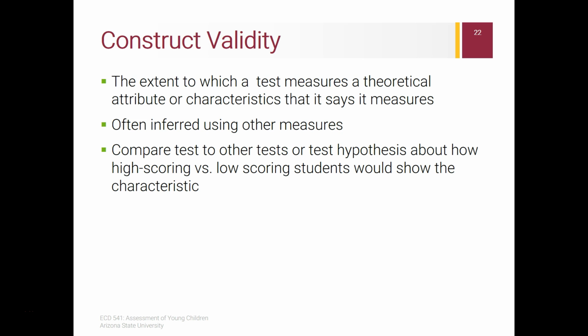Construct validity refers to the extent to which a test measures a construct or trait, typically as predicted by some rationale or theory. Does the test produce a result that is in agreement with an established theory? Examples of constructs include intelligence, self-esteem, nonverbal reasoning, or mechanical aptitude.